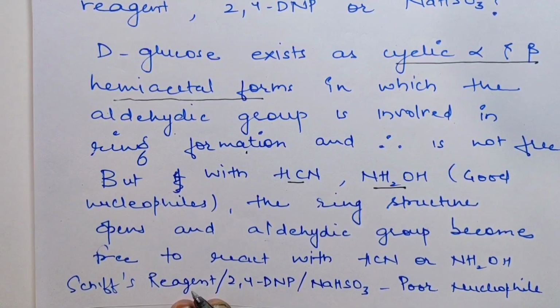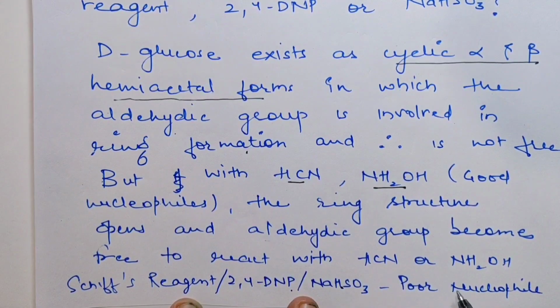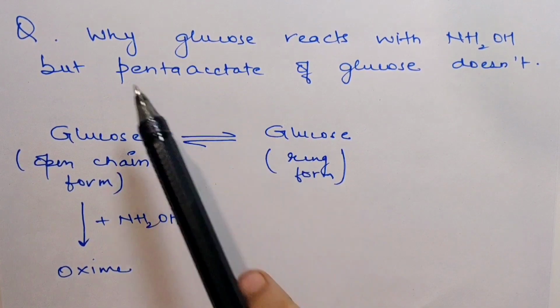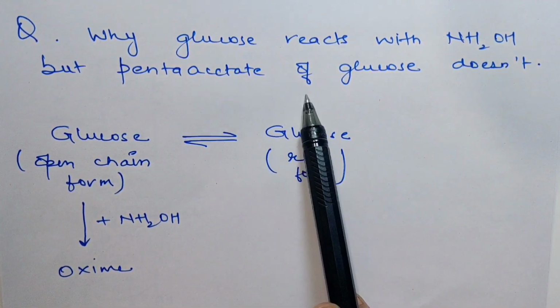Whereas Schiff's reagent, 2,4-DNP and sodium bisulfite are poor nucleophiles. They're mild reagents. They're not able to open the ring structure of glucose and therefore they're not able to free up the aldehydic group, so they do not give the reaction with glucose. Next question. Why does glucose react with hydroxylamine but pentaacetate of glucose does not?